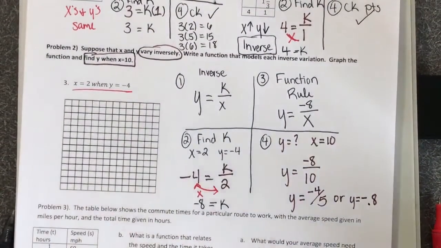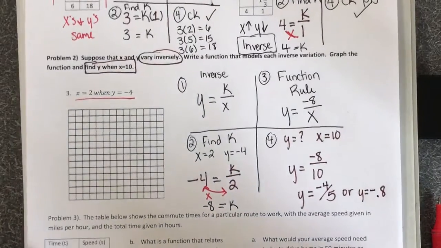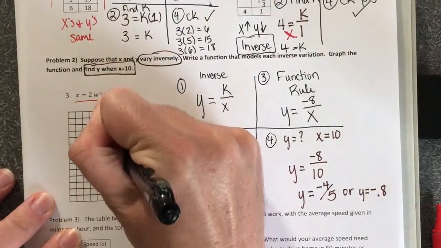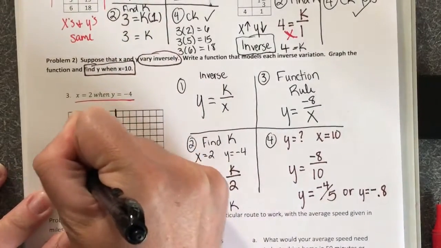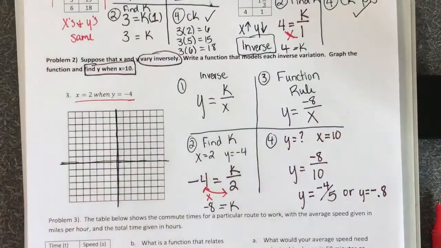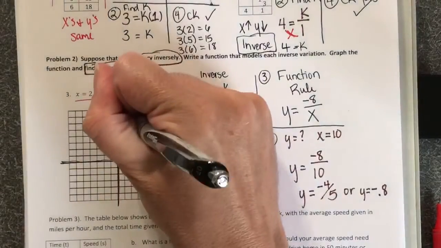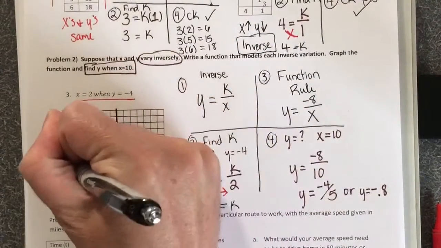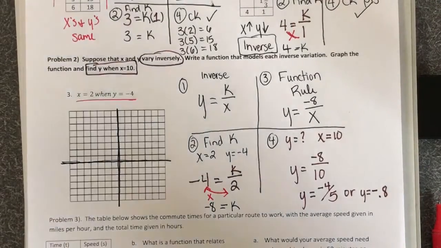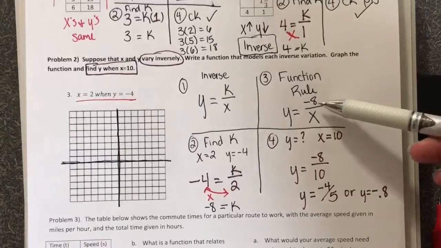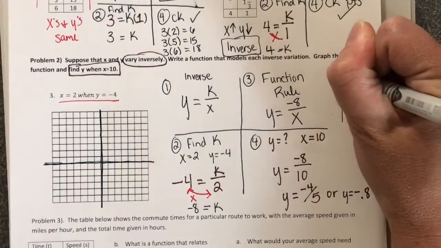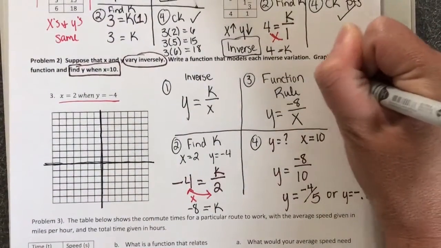Now, it also said to graph this function. So I'm going to set up my coordinate plane. Because it's inverse variation, I already know the idea of what it's going to look like. It's a rational function. But I can use a table of values, and I can use numbers that are divisible by -8 to help. But I also want to make sure that I'm using both positives and negatives.